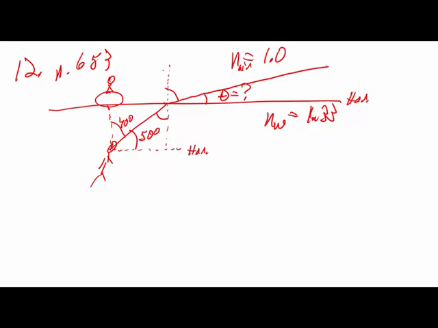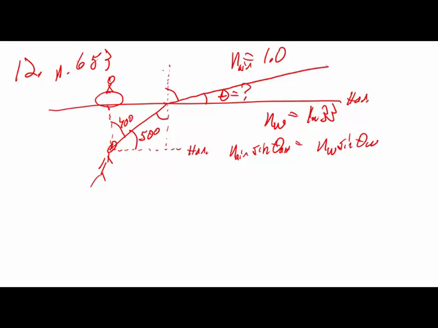So basically, what are we going to do? We're going to use Snell's law, and we know that Snell's law is what? The n of air times the sine of the angle in air is equal to the n of the medium, in this case water, times the sine of the angle in water, okay? And so what are we looking at now? We want to know what the angle is in the air, aren't we? Well, hang on.